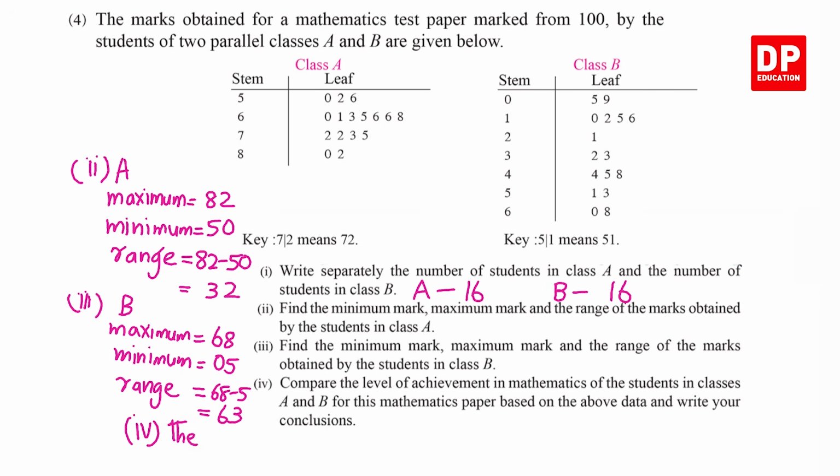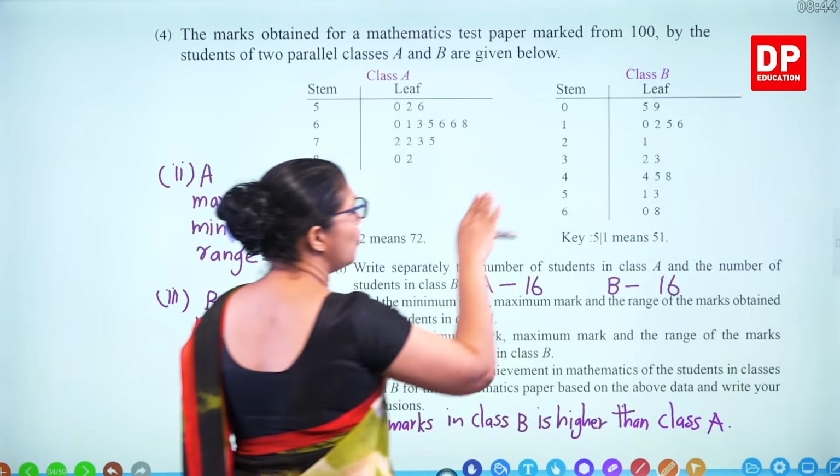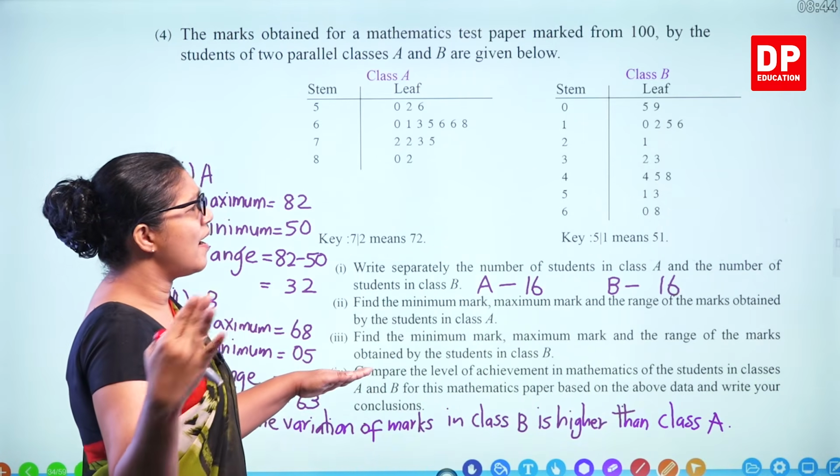The variation of marks in class B is higher than class A, because the lowest student is 5 and the highest is 68.